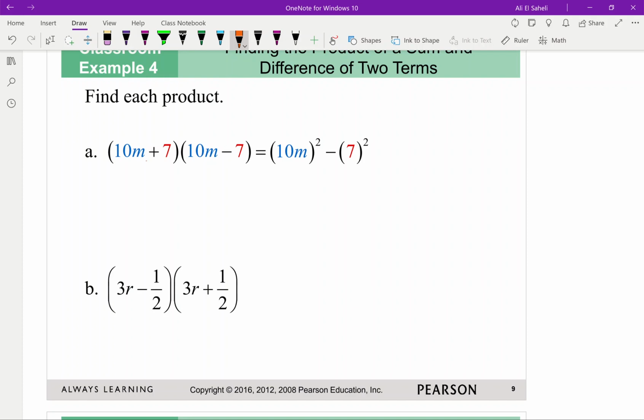Similarly, this is 10m plus 7, minus 7. So we apply the rule. Okay, the rule (a + b)(a − b) equals a squared minus b squared. So this is 10m squared minus 7 squared.